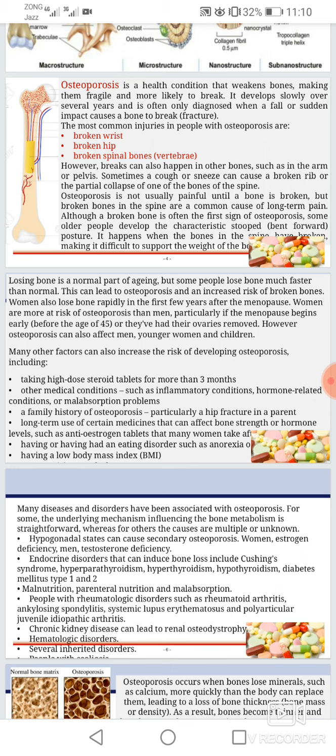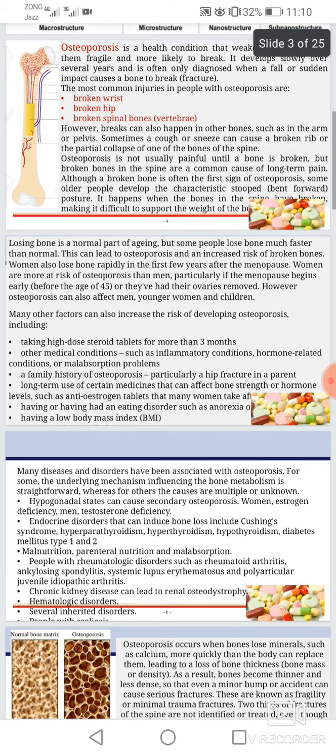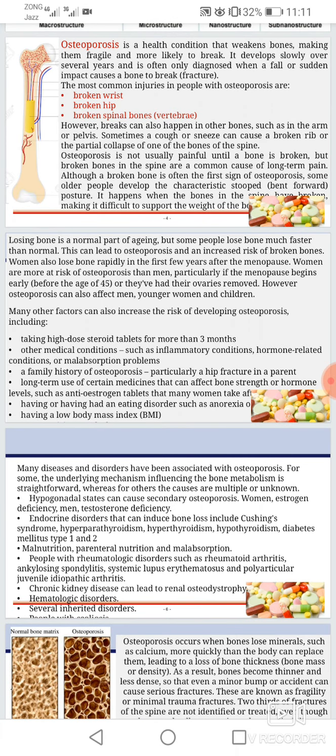So we got the idea that due to osteoporosis, bones become so weak that even a cough or sneeze can cause the bone to break. Osteoporosis is not usually painful until a bone is broken, but broken bones in the spine are a common cause of long-term pain. Although a broken bone is often the first sign of osteoporosis, some older people develop the characteristic stooped posture.